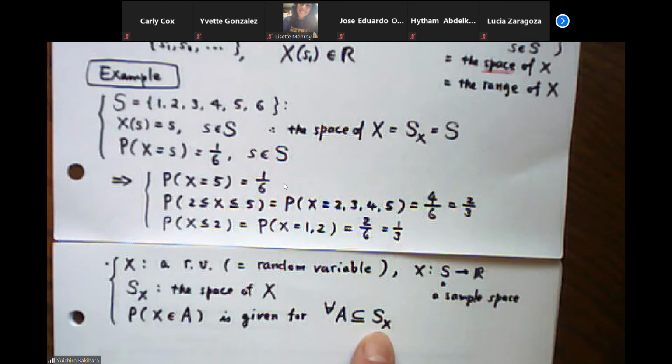And we can attach a probability for any subset A of the space of X. Any subset, we can consider this probability that X is falling into the subset A. And this probability can be given.